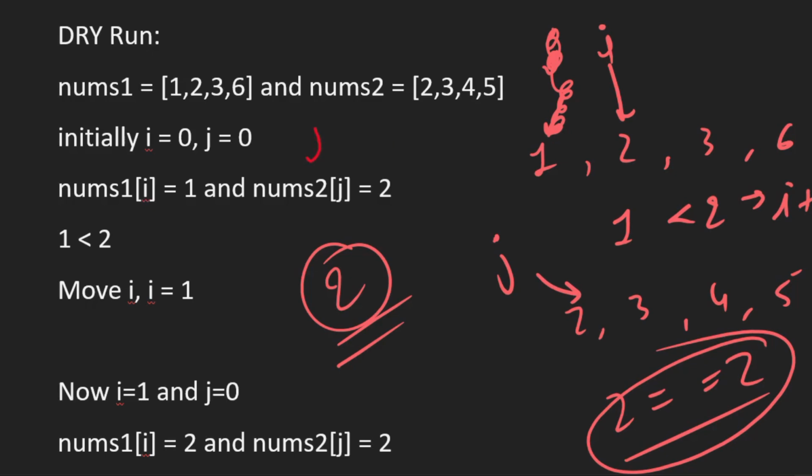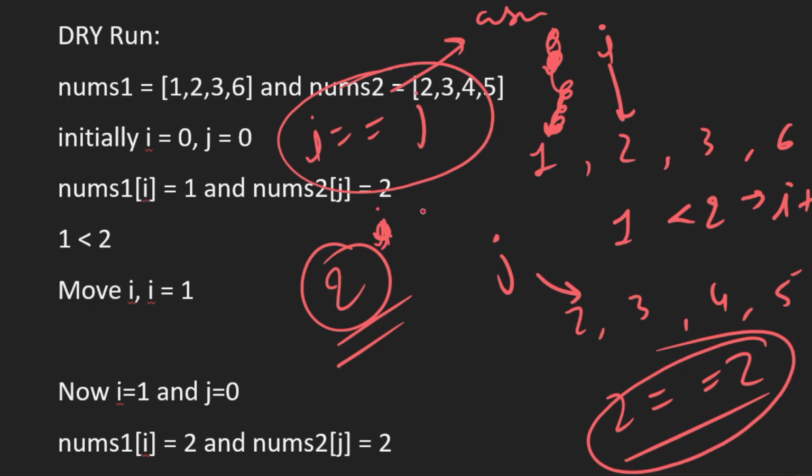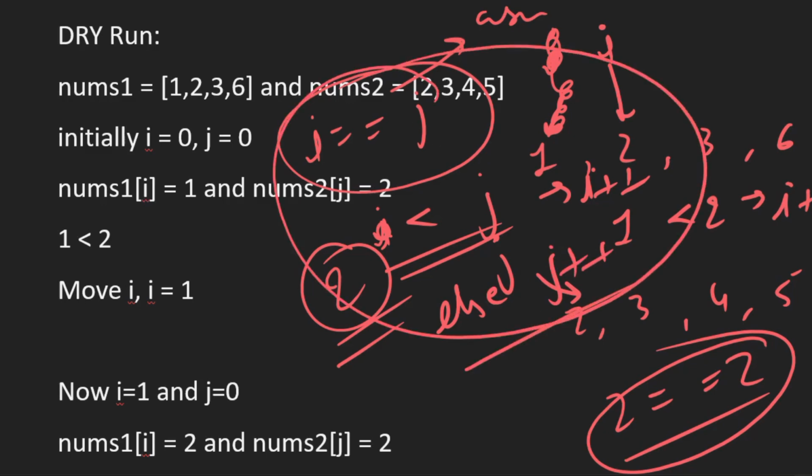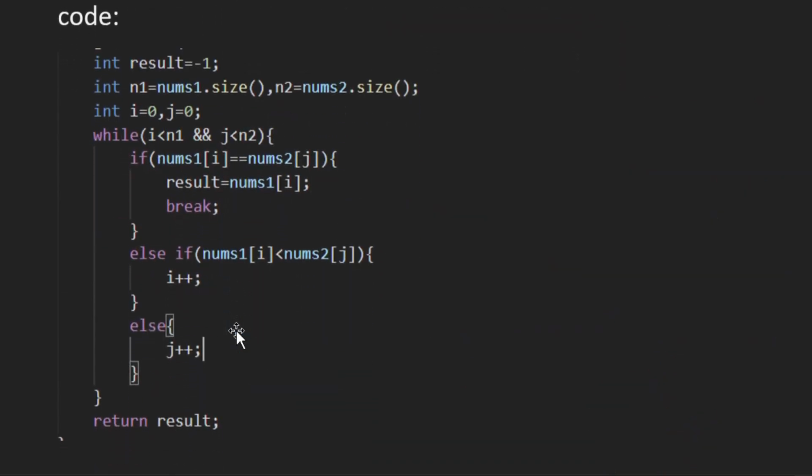If we get equal elements at both the pointers, then that is our answer. Else, if the element at i is lesser than the element at j, then we shift i. Else we shift j, right? These are the three conditions that we have to write. So let's move to the code part.